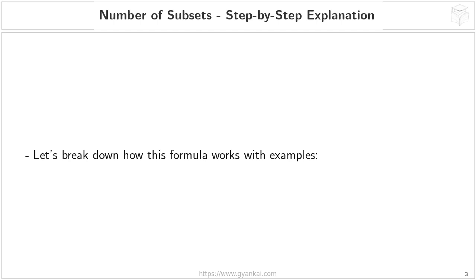In the following slides, we'll be doing exactly that, listing out the subsets and comparing the count to what the formula predicts. Don't worry if it seems obvious for these small sets. The goal is to build a foundation so you can apply this concept to more complex problems later on. We'll then move on to generalize this understanding and also discuss some common mistakes students make when dealing with subsets.